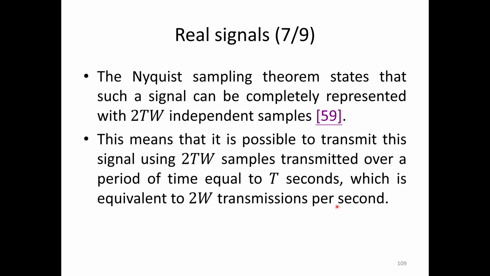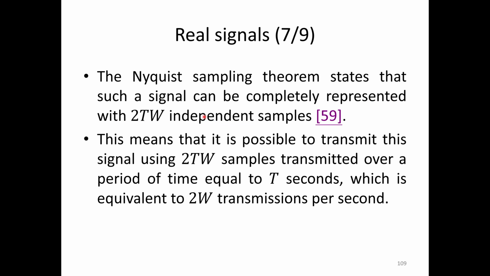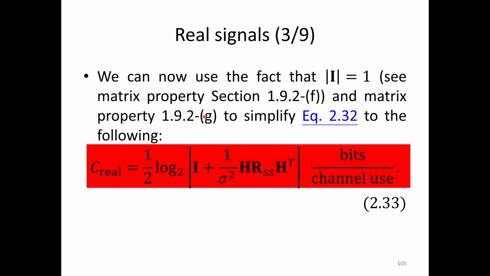That is, within a second, the number of transmissions is equal to 2 times the bandwidth, 2W. Since each transmission is capable of conveying the amount of information specified by equation 2.33. Let us see equation 2.33, this equation.